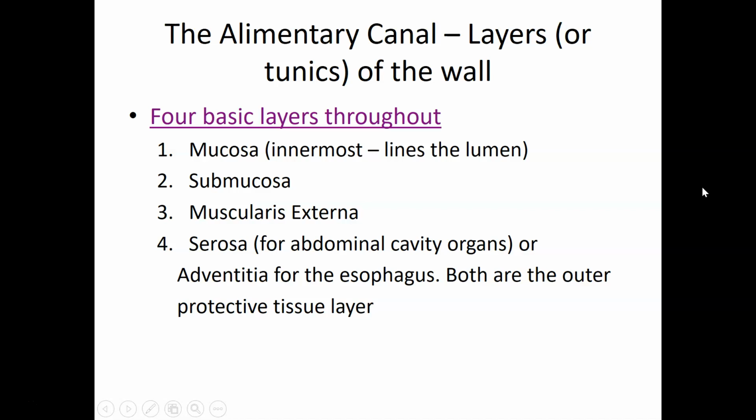This is true for all organs in the abdominal cavity. For the esophagus in the thorax, the outermost layer is called an adventitia. But in any case, both serosa and adventitia can be thought of as outer, protective wrappings for those segments. Let's take a look at a short video describing those 4 layers.